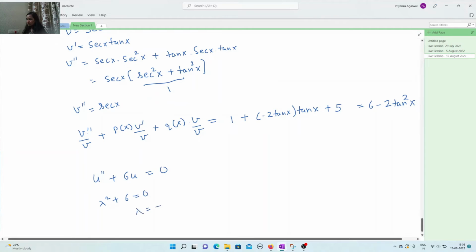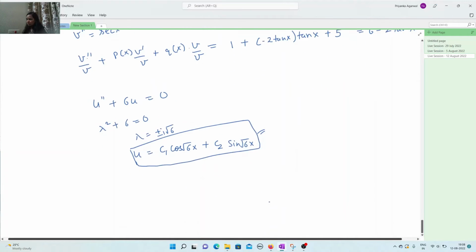So lambda will be plus minus root 6 iota, and v can be written as c1 cos root 6x plus c2 sin root 6x. So now we know u as well as v, and therefore we can write the solution.